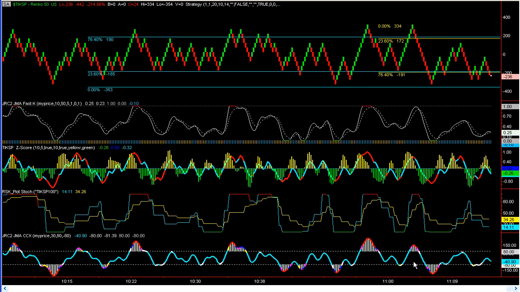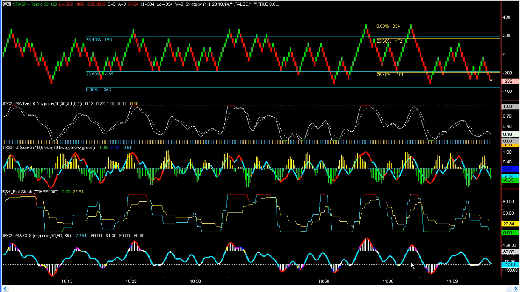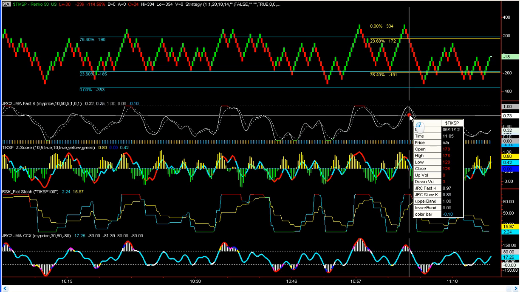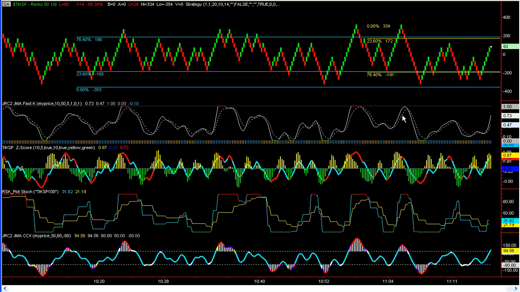So this really confirmed that 11:05 pivot that we just talked about. Overextended on the CCX, on the Z-score. Didn't make it on the stochastic, and we would consider that to be a divergence. So this was confirmed on the tick of the S&P as well.